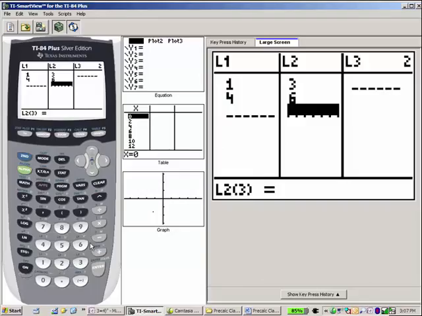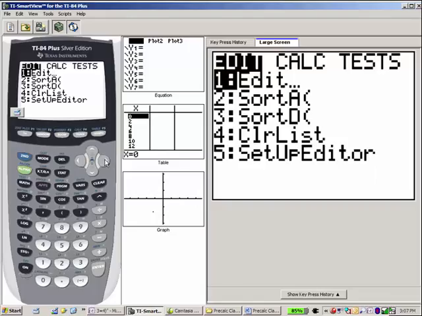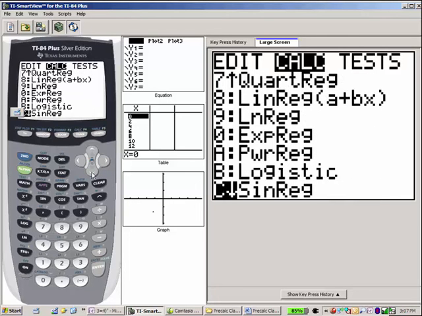If you give the calculator 2 points and you do second quit, you go back to the home screen. You can go to Stat, Calc, and remember these are all where your regressions are. So whether you want a linear regression, a quadratic, a cubic, it does all these regression models for you. And hopefully, yeah, look at that. A power regression.